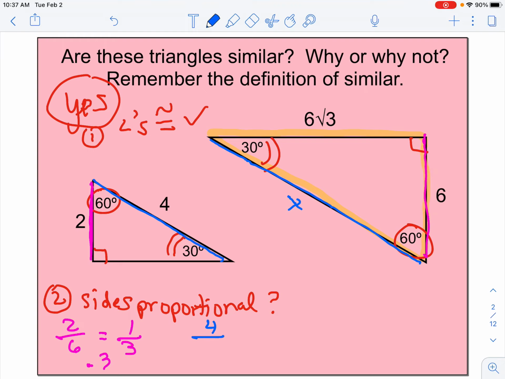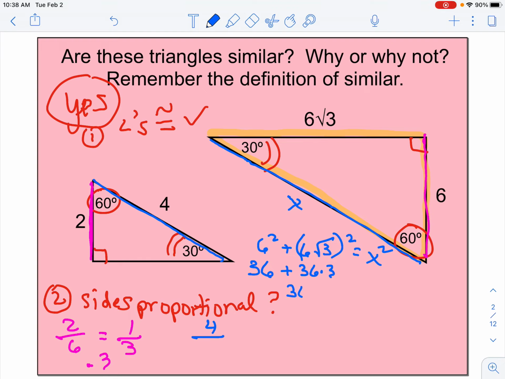So we would take 6 squared plus (6 square root of 3) squared and set it equal to x squared. Well, 6 squared is 36. And (6 square root of 3) squared is going to be 6 times 6, which is 36, times the square root of 3 times the square root of 3, which is 3. So this is going to be 36 times 3, which is 108.